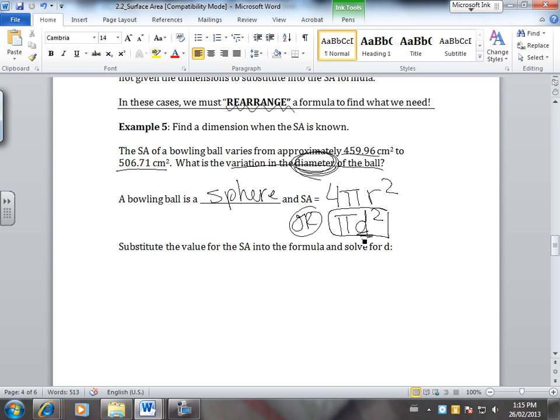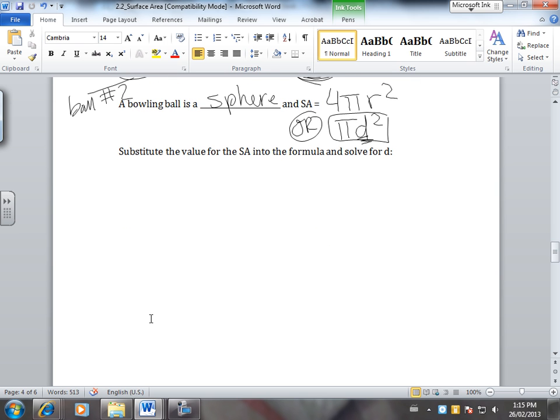So that's just one less step for us. So we'll use this as ball number 1, and this as ball number 2. We're going to substitute the value for SA into the formula and solve for d.